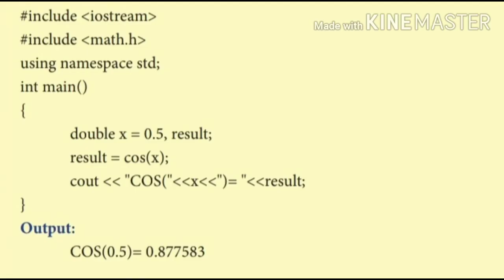For example, in this program we use the mathematical function, so we include the header file math.h. Double x equal to 0.5 and then result equal to cos of x. The x value is 0.5. So cos of 0.5 is 0.877583.